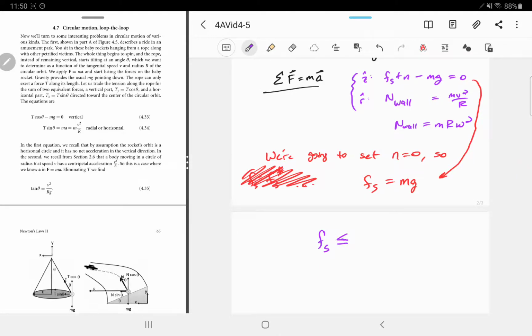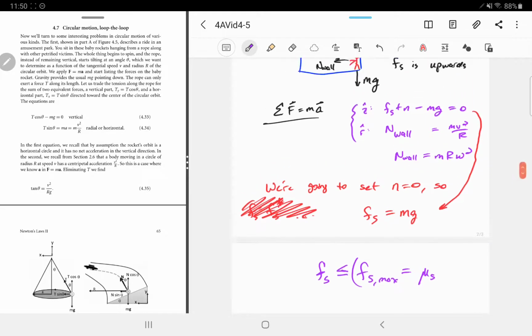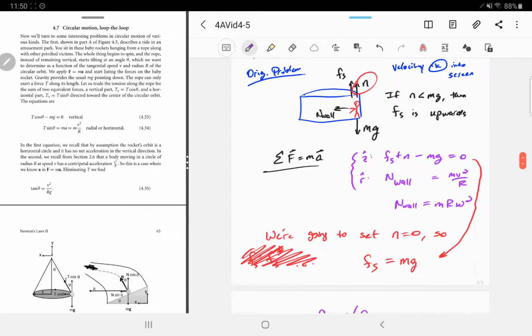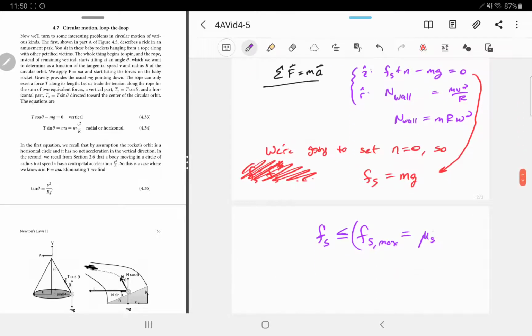So this frictional force has to be less than the maximum amount it can be. That maximum amount is mu sub s times the normal force. And the normal force here is not the one from the ground, but the one from the wall. It's the wall that's providing the static frictional force upward. So this is mu sub s times n wall.